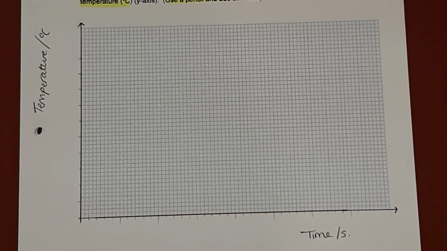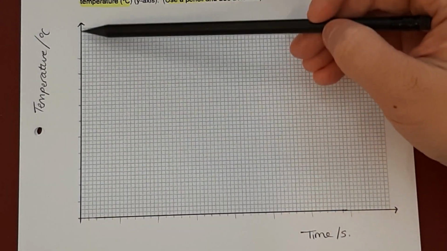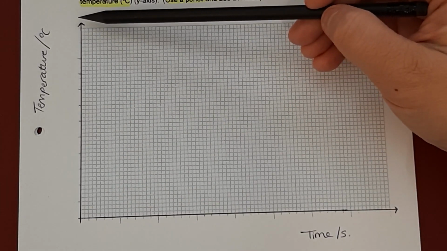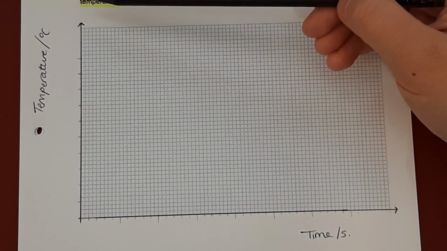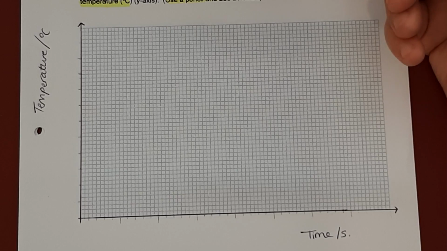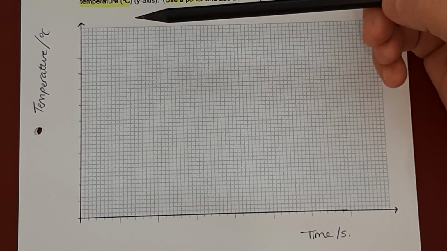Okay, so it was a bit tricky working out the axes for this one, mostly because we only had 48 squares on the vertical axis and our temperature scale goes up to 100. If we'd had 50 squares, we would have been able to say that each square was going to be worth 2 degrees Celsius, and that would have been quite easy.